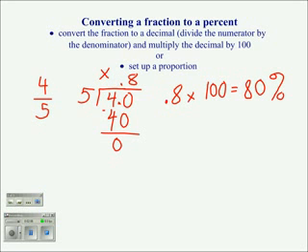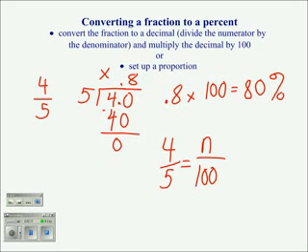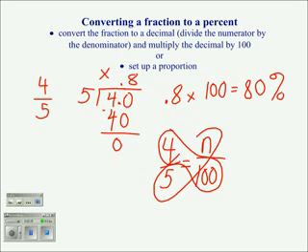A second way is we could set up a proportion with 4/5 equaling n as our missing percent over 100. Because remember, percents and fractions both describe a ratio out of 100. And to do that, we would cross multiply or find their cross products, and 4 times 100 equals 5 times n.